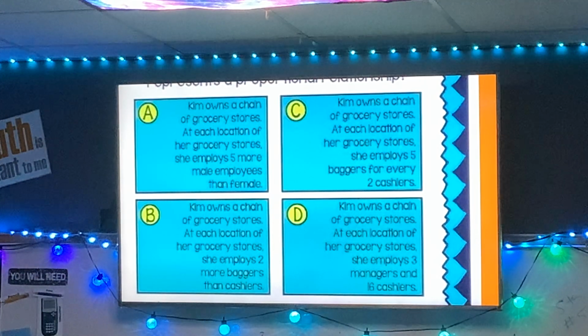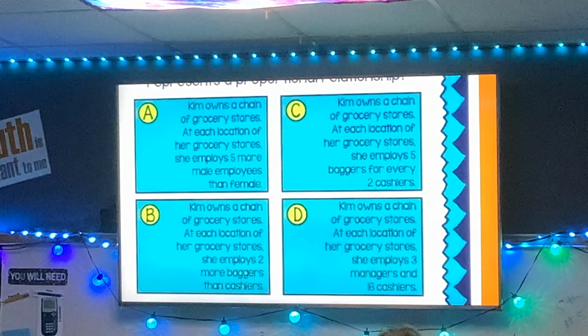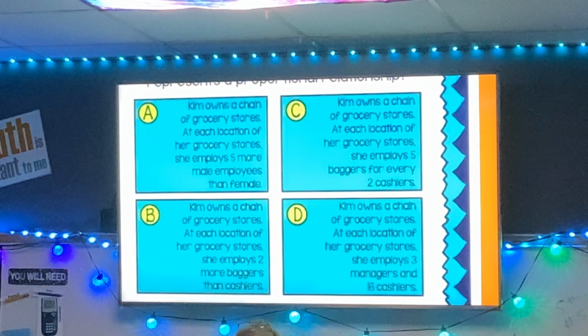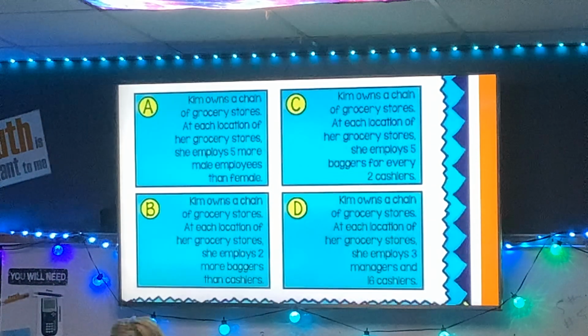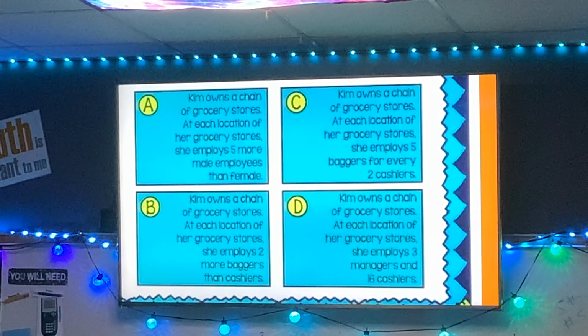But at that store, what if she had 10 baggers? If she had 10 baggers, how many cashiers would she have? Probably not it. Look at D. Kim owns a chain of grocery stores.